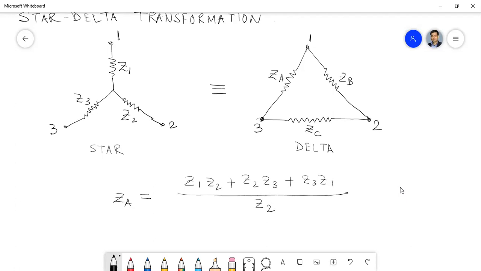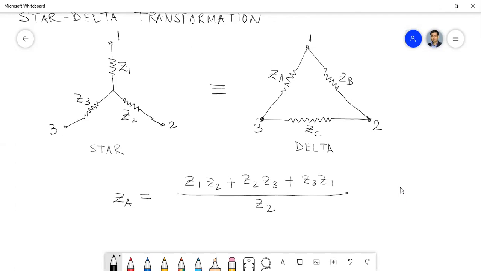First let me tell you why I am discussing this, because in several cases we face a complicated network of resistances, and if we take some transformation from star to delta and delta to star, depending on the situation, we can get the problem easier.